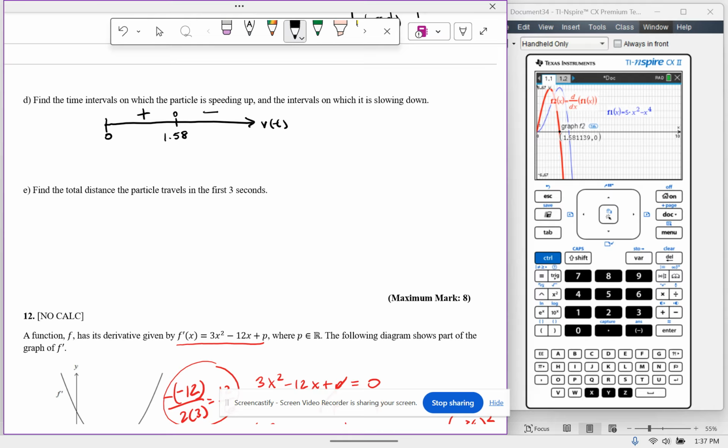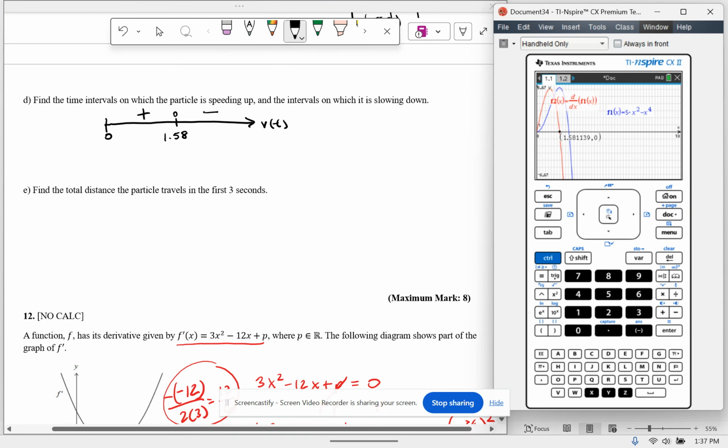Since we're already working with the graph of the derivative, why don't we do the same thing and kind of cheat with the acceleration and save some time, right? Let's graph the second derivative of f1. Sometimes it gives me trouble when I try to graph the derivative of a derivative graph.